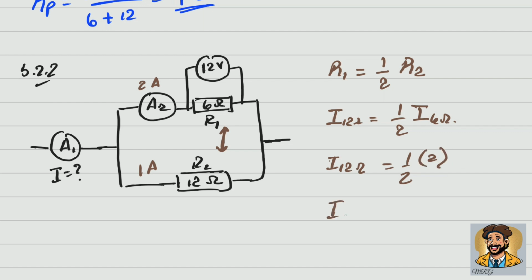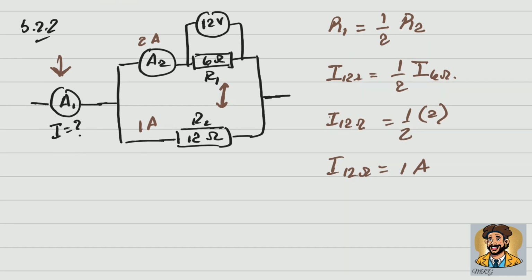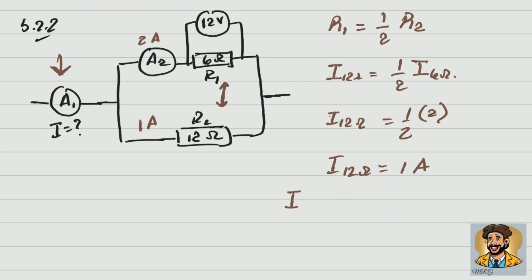So current for the 12 ohm resistor is equal to 1 ampere. What is the total current of the circuit at this specific point? Total current, right here, will be the addition of 2 plus 1 because it's the combination of those two. Alright, this is 3 amperes. This is using just looking at the circuit and knowing that it's half.